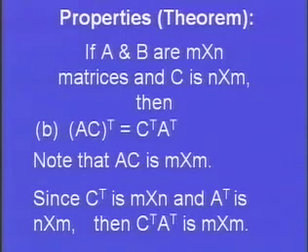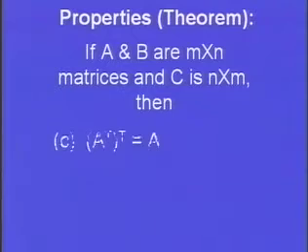That's because A, if you remember, was M by N. So C transpose times A transpose would be an M by M matrix, which is the right size for what we wanted. Okay, now if we had tried to do A transpose first and then C transpose, we would have gotten an N by N matrix, and that obviously cannot be the same thing as an M by M matrix, especially if M and N are different. So it's very important that you realize that if you transpose a quantity, the order switches. Okay, so it would be C transpose first, then A transpose.